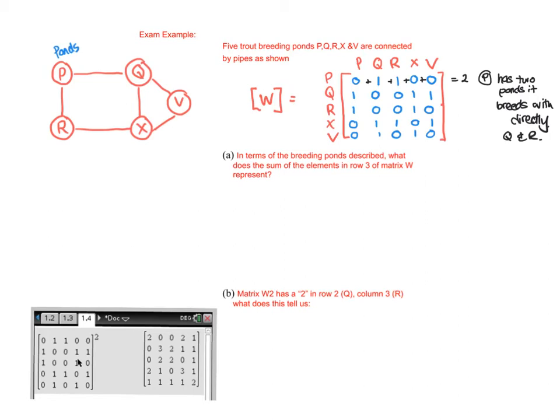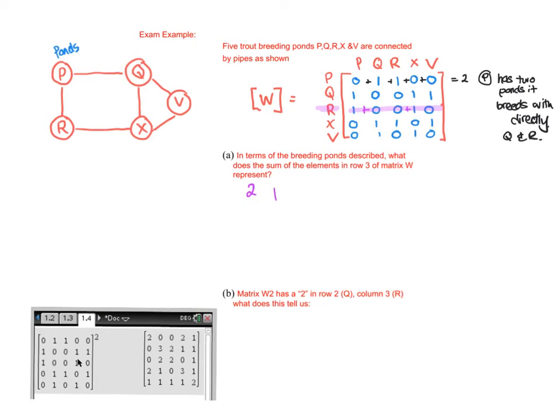In this question they've asked, in terms of breeding ponds, describe what the sum of the elements in row 3 of matrix W represents. So for that one, we add them up.